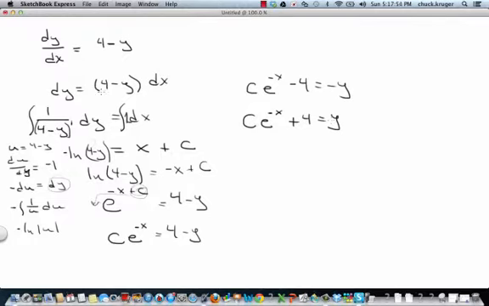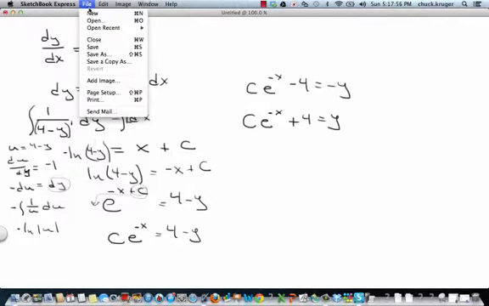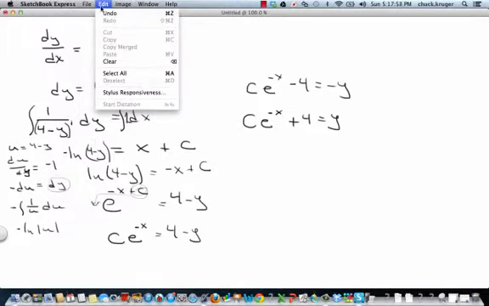Alright, I'm going to do one more of these type. Right here, again, I'll use y prime in this case is equal to square root of x times y. So that's dy dx is equal to x to the 1/2 times y.